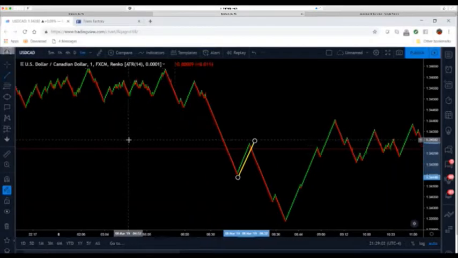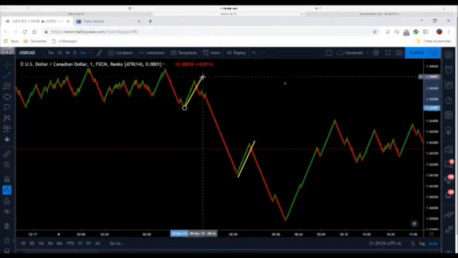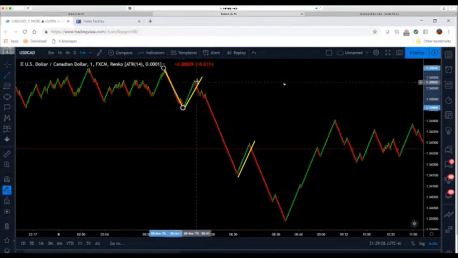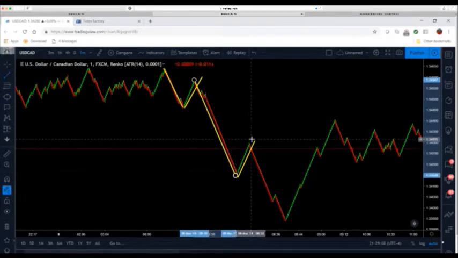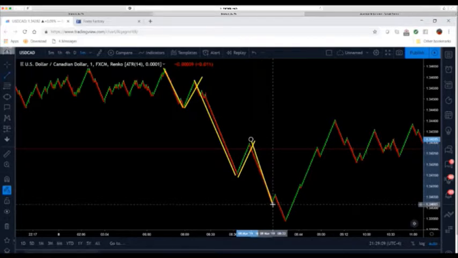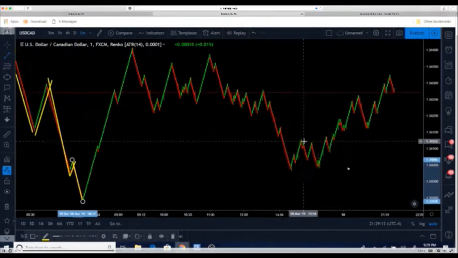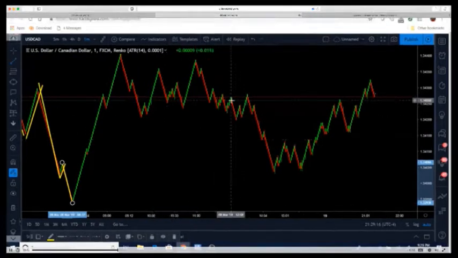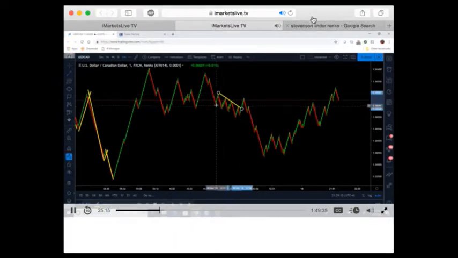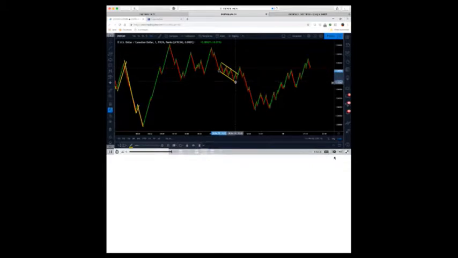So, yes, flags. You see flags a lot cleaner, right? You see those patterns a lot cleaner. Impulse, correction, continuation. Correction, continuation, right? All of those things, those reversal patterns, right?